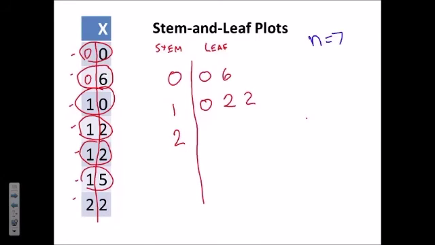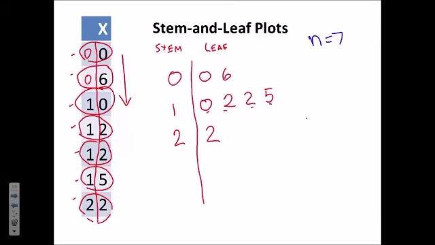15 would be 1 and then 5. 22, 2 and then 2. If you sort the distribution first, then these come out sorted. If you did not sort the original distribution, the leaves are usually sorted, so we try to put the leaves in order of size.